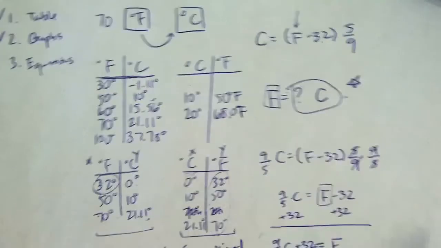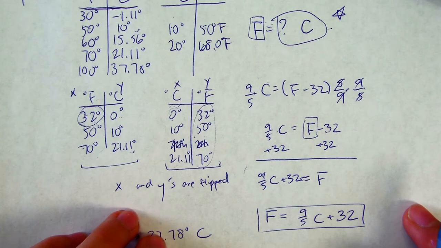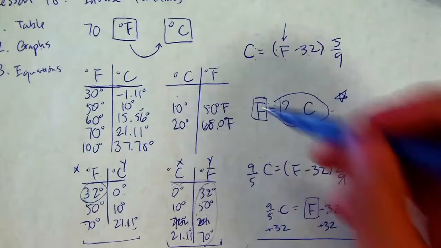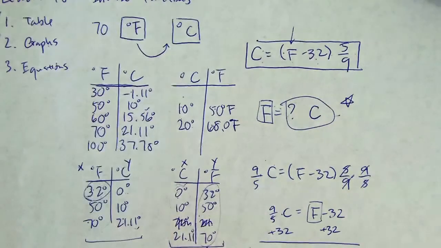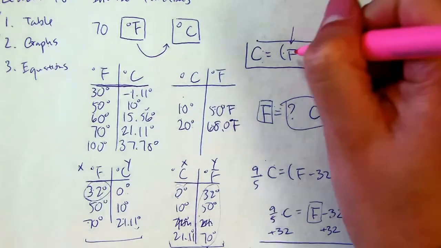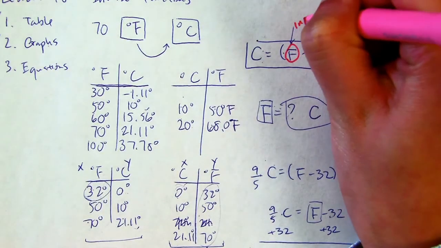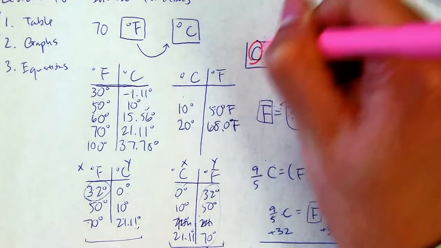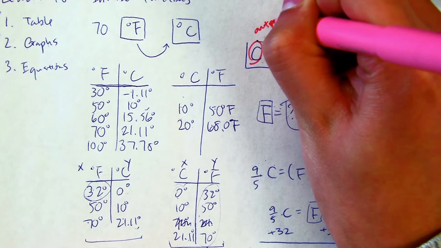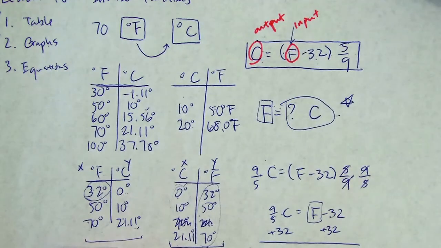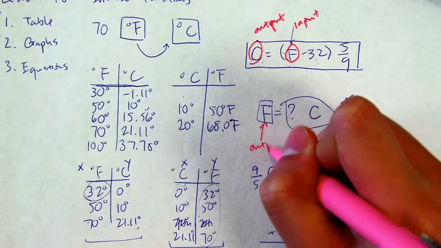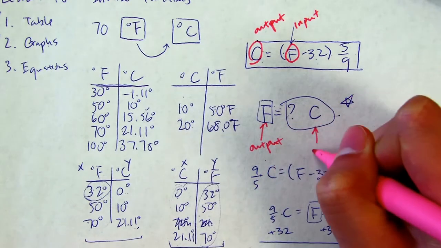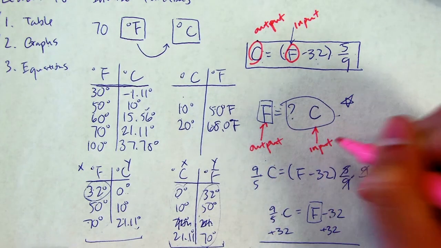So if this is my original function, I want to make this note: here the input is F and the output is C. But I want to get it to the point where F is the output and the input is C. The reason I want to do that is just a different perspective.